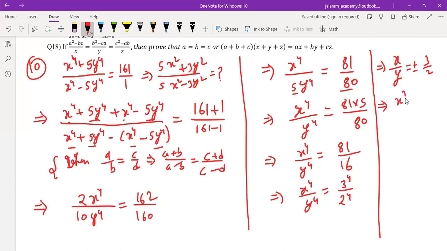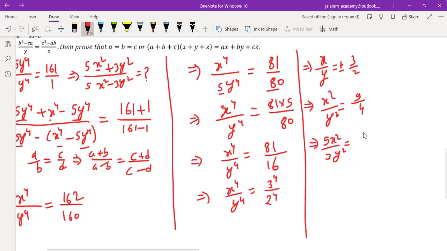It implies x^2 by y^2, as we have to bring 5x^2 + 3y^2, equals 9 by 4. So again that plus minus will be removed, and 5 with x^2 and 3 with y^2. So we multiply by 5 by 3 both sides: 5/3 into 9/4.